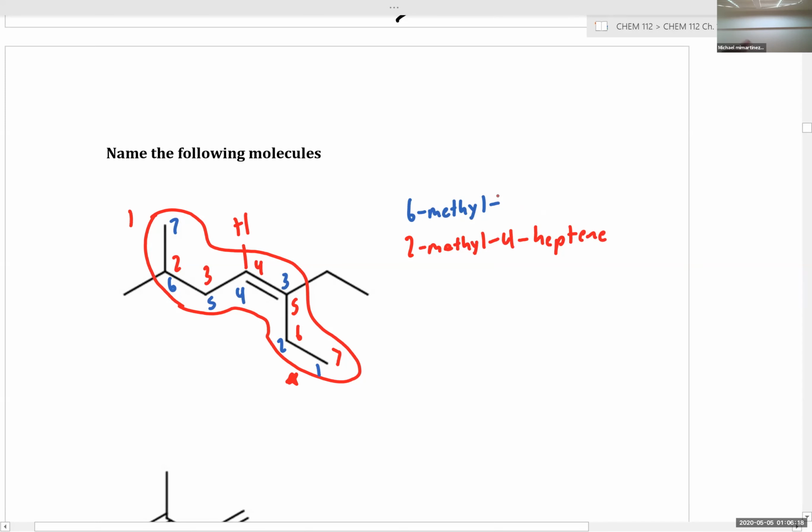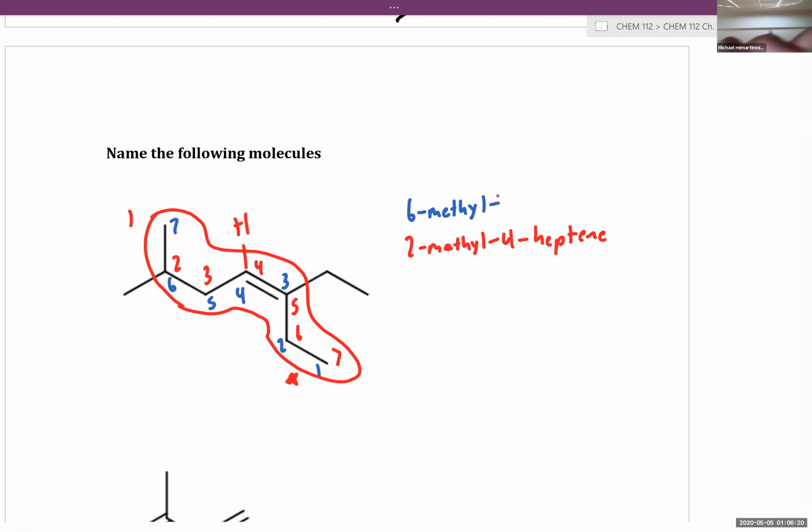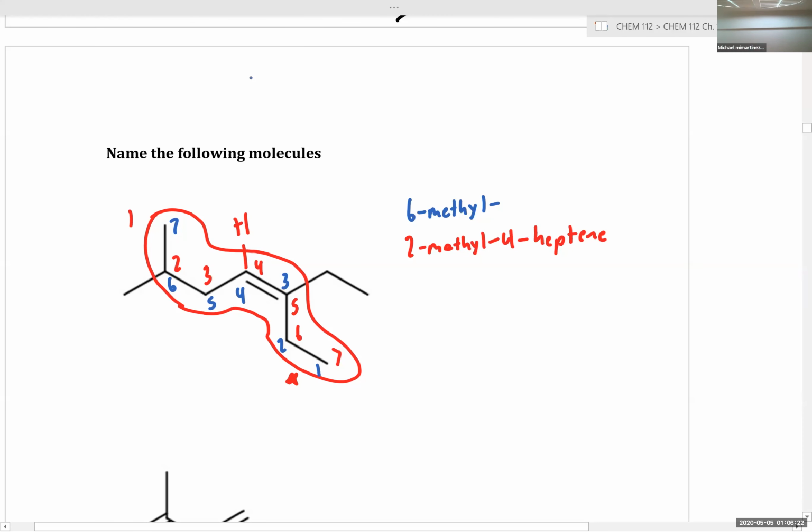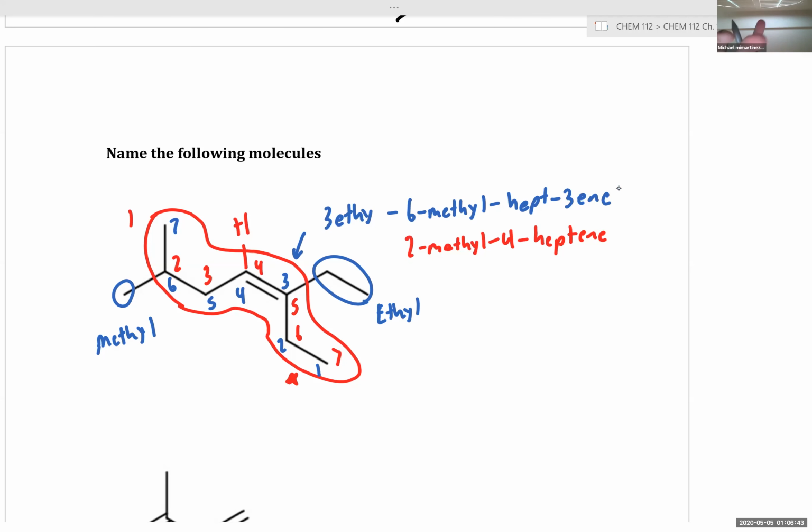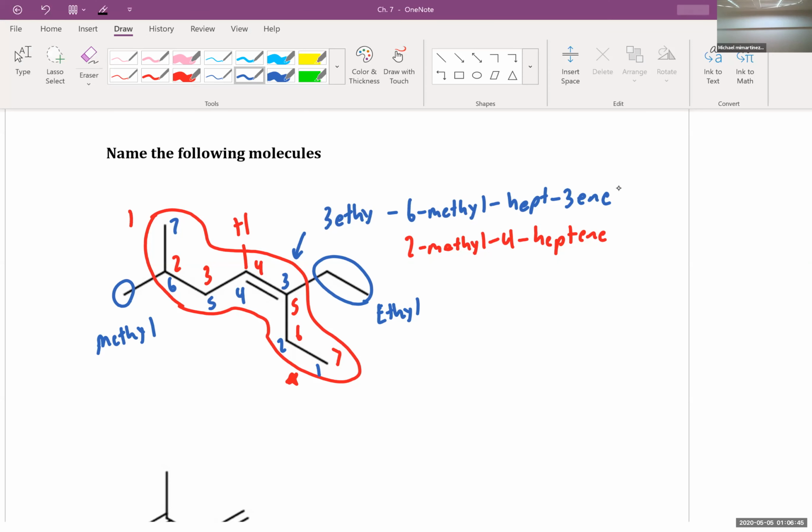Hold on. One moment. In blue, sorry. So we have 3-ethyl. So this is an ethyl group. This group is a methyl group. So 3-ethyl, 6-methyl, hept-3-ene. So that's what we get in blue. Now let's do the red numbering convention.